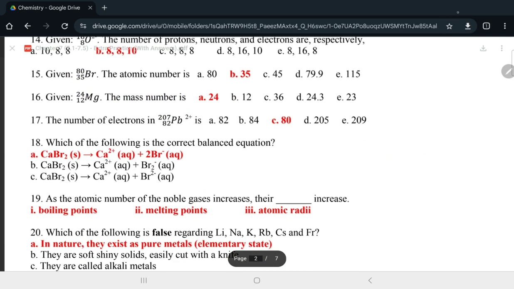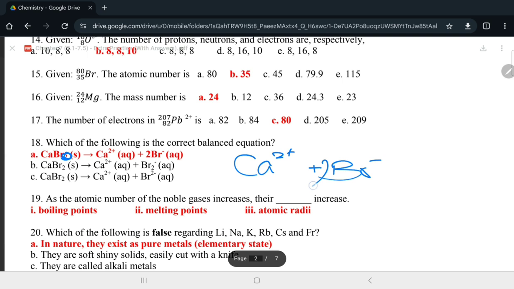Which of the following is the correct balanced equation? The dissociation of calcium bromide. We have Ca2+, that's the sign of calcium, it's in group 2, plus Br minus, it's in group 7. And don't forget the number of bromide.